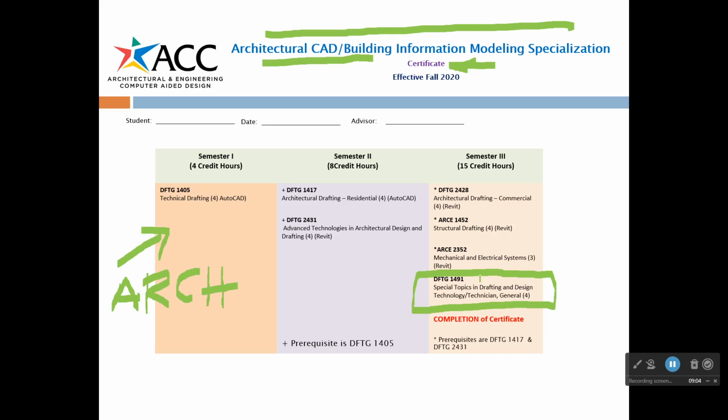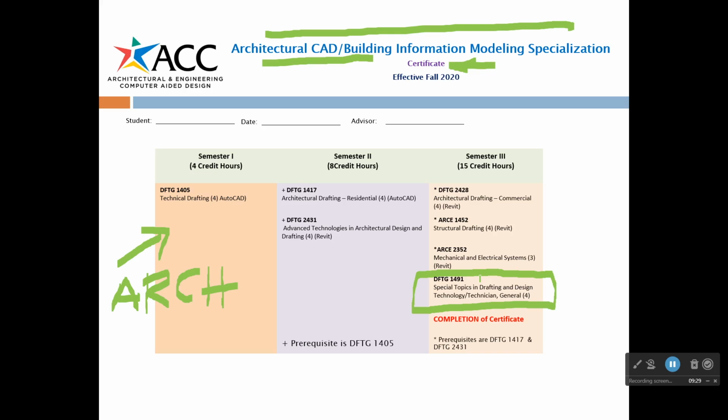And then the following semester, when you have taken all of the CAD related courses that you're going to take, that's when we let you take the portfolio, because the later you take the portfolio, the better, because you have more courses finished.